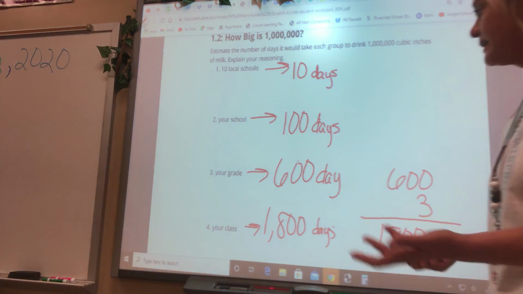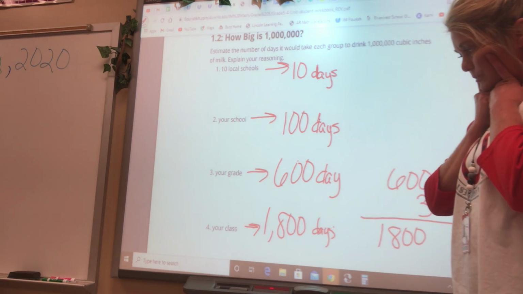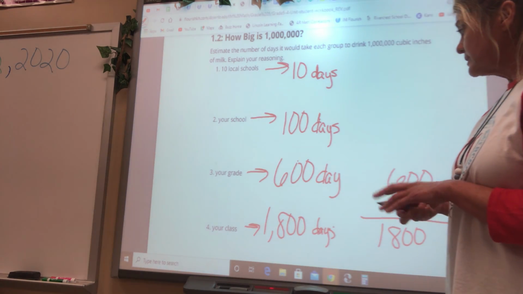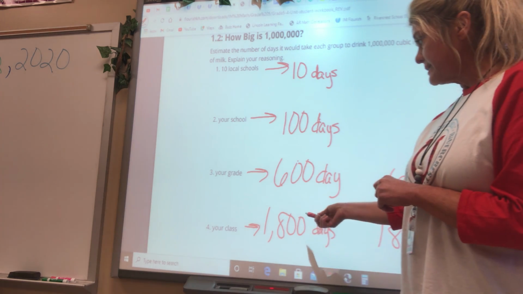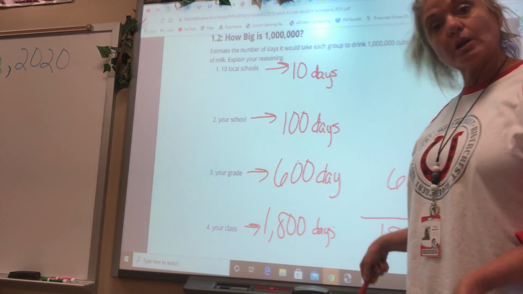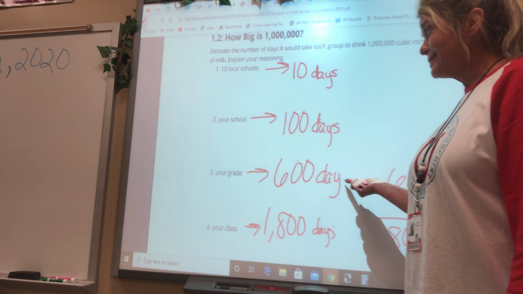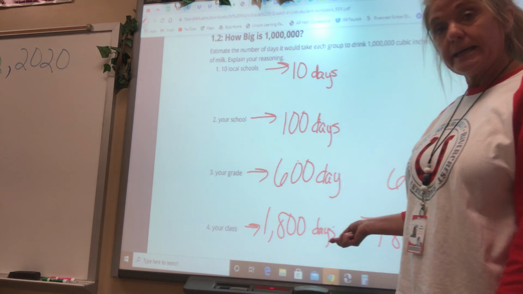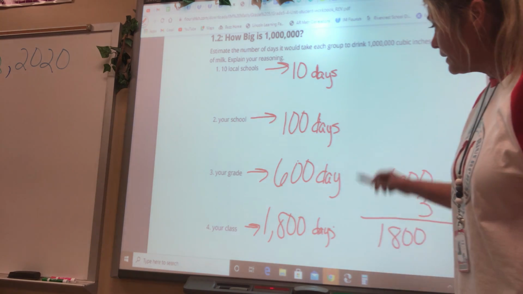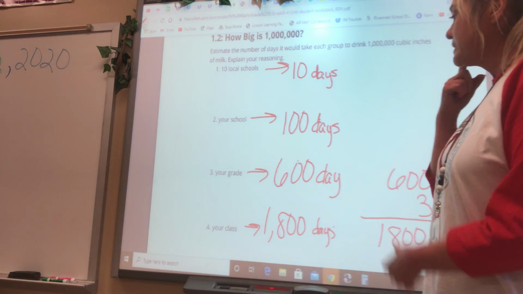And again, we'll stop and let's think, is that reasonable? Yeah, that makes sense. If it's 3 classes, it's going to take them 3 times longer to do it, right? So 3 times longer than 600 days is 1,800 days. And if we go back and think, is it reasonable?